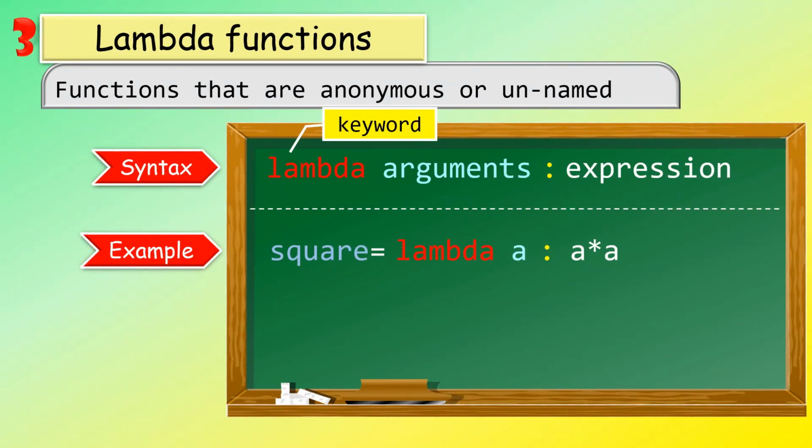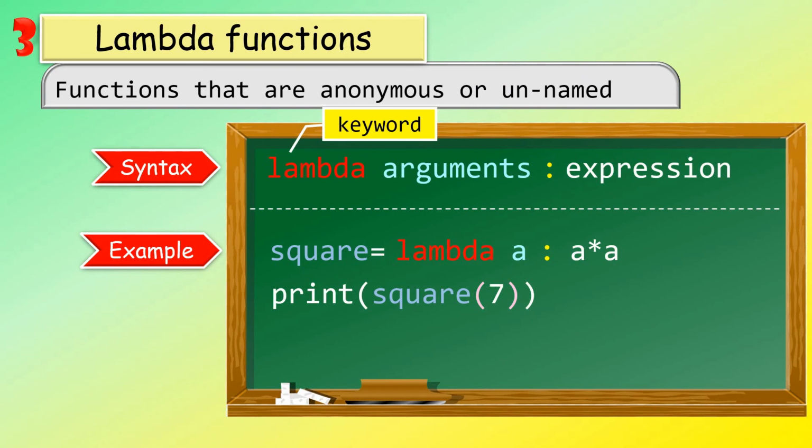So to use this lambda function, you have to give a function call by using the name which you have given on the left hand side, that is the name square. So in the print function, I am giving square of 7. So square is the name which you have taken on the left hand side of the definition of lambda function.